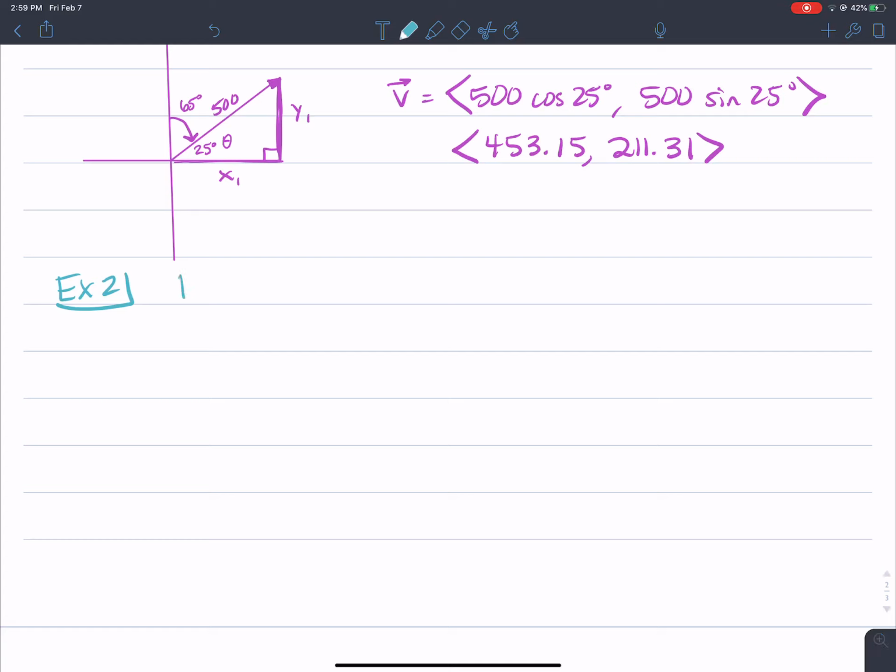A plane is flying due east at 507 miles per hour.